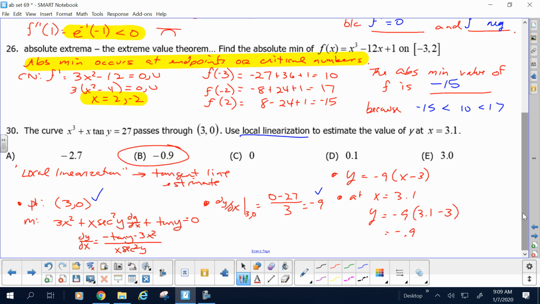Then you write the tangent line, and then the last part is to plug some nearby point into your tangent line and estimate. I got negative 0.9. So the work I would expect to see for credit is the work to get the derivative especially, but also the tangent line. You follow?